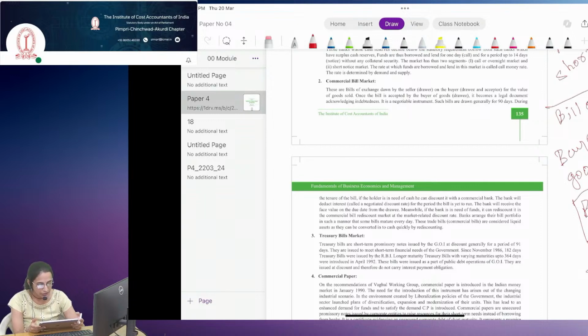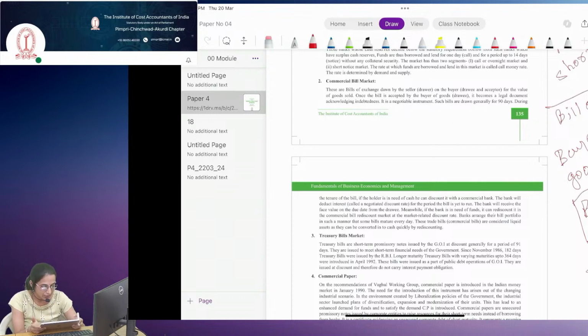The bank will deduct the interest called the negotiated discount rate for the period the bill is yet to run. The bank will receive the face value on the due date from the drawee. Meanwhile, if the bank is in need of funds, it can rediscount the commercial bill in the rediscount market at the market related discount rate.